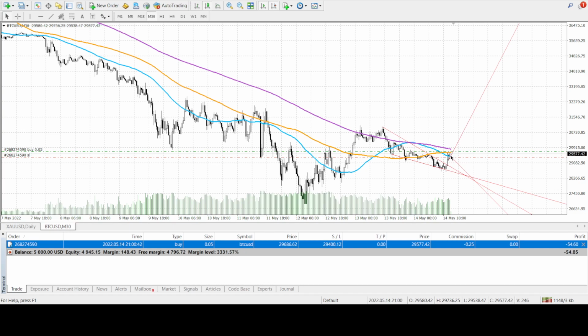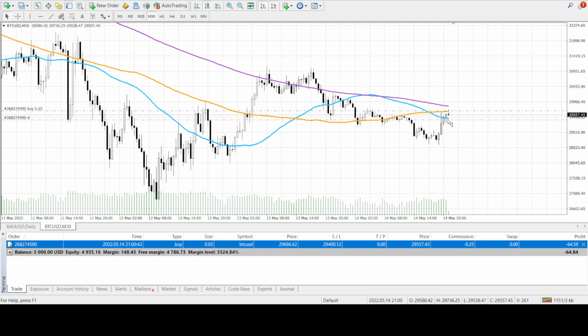But right now, let me get rid of these lines so you can see it a little bit better. Delete all. Thank you. So you see right now, it's kind of stuck in between these moving averages. It's stuck in between MA50 and MA100. And so our trade is ranging right in that area.